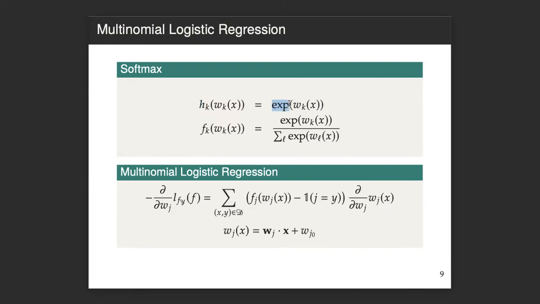And if it is the exponential, then f turns out to be this expression, and this expression is known as softmax. Using this fact, we end up with this result, which is quite easy, a simple equation that is still dependent on the function w and the partial derivative with respect to the parameter w.